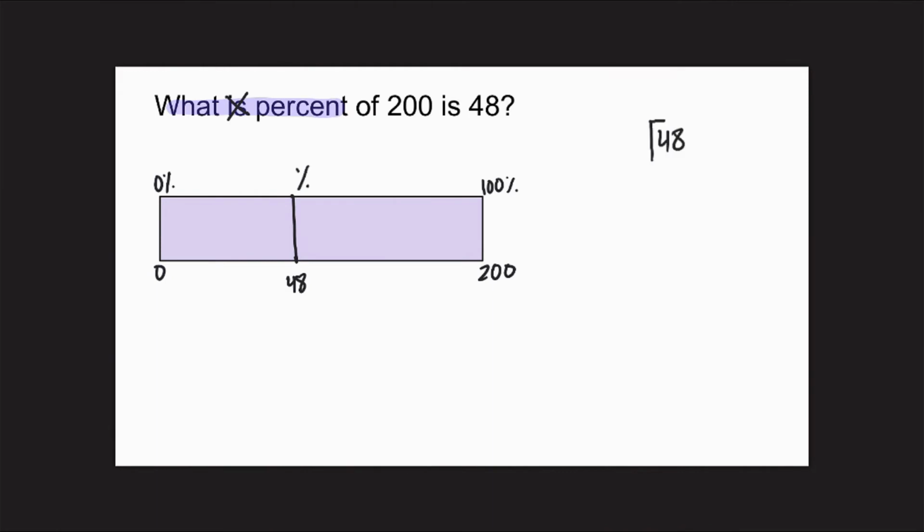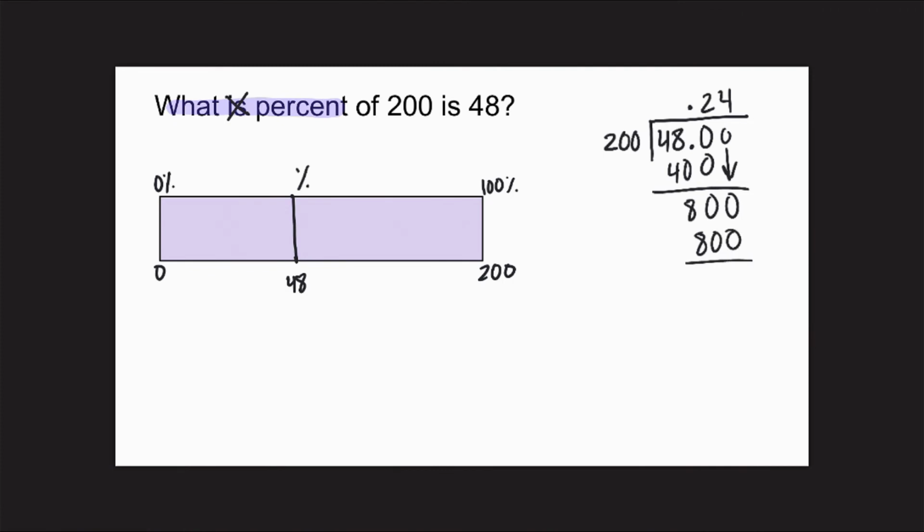48 divided by 200. You can see 200 does not go into 48, so we're going to have to put a decimal place and annex a 0 here. 200 can go into 480, so we're going to just leave it there. We know 2 times 200 is 400. We're going to bring down our next place value here. 200 goes into 800 4 times.